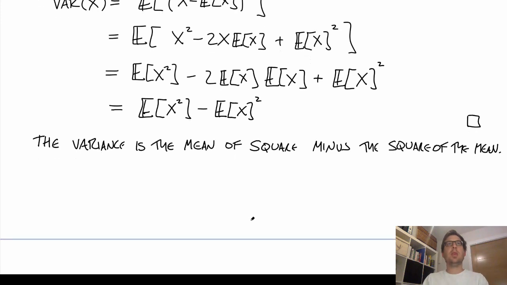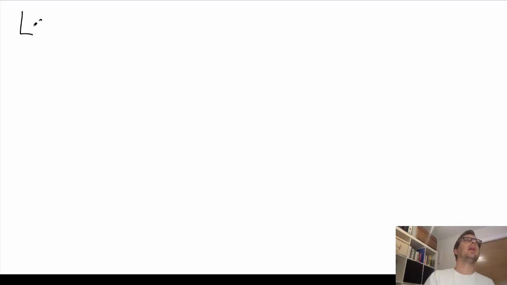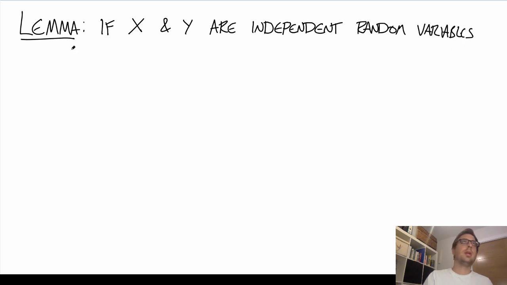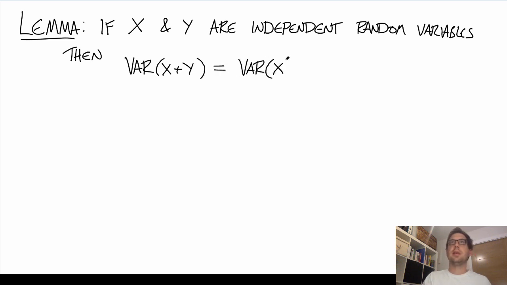One thing that I think is more important than this fact is the following: if we have two independent random variables, then the variance of x plus y is just equal to the variance of x plus the variance of y.